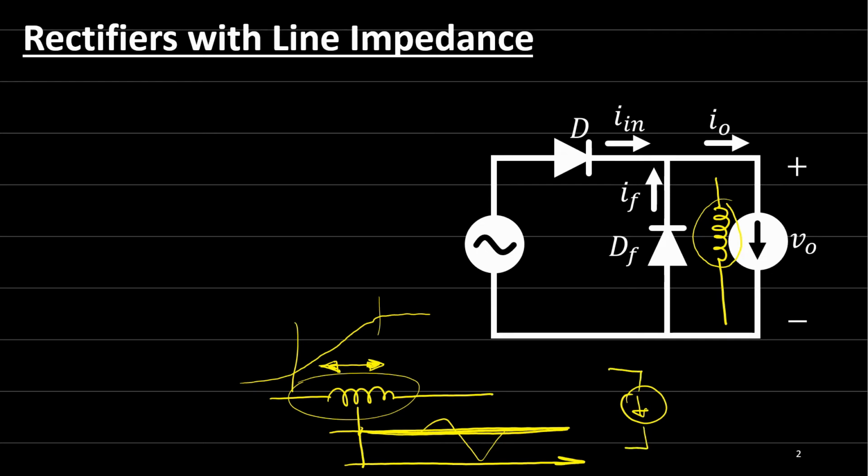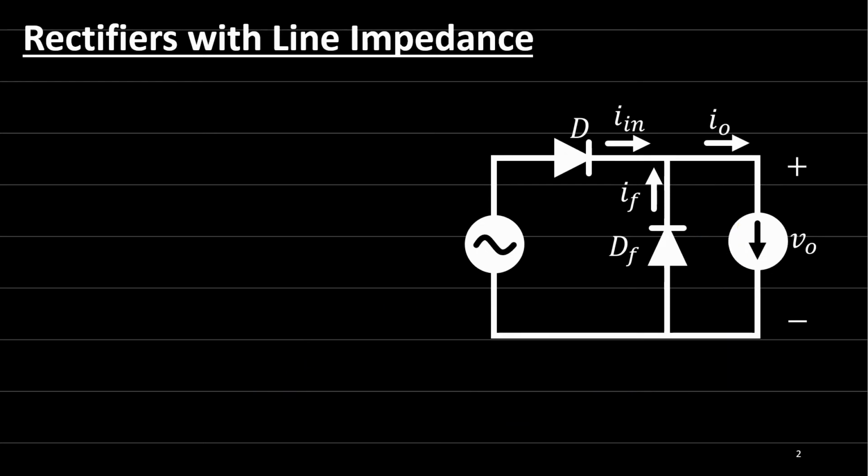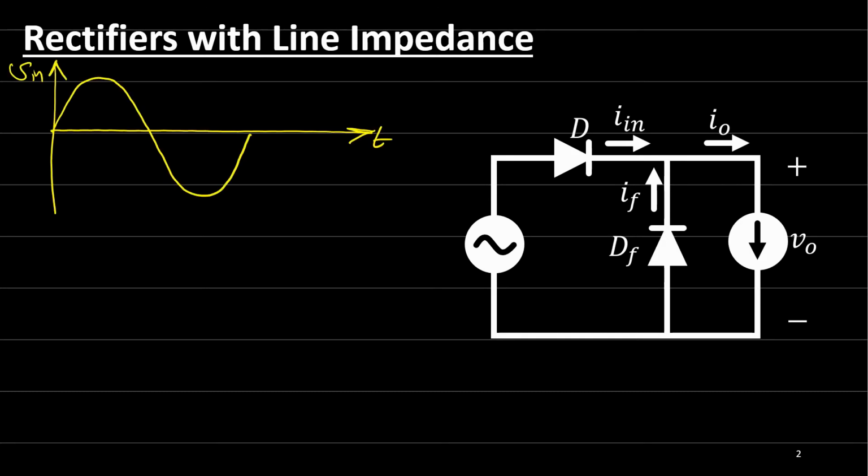So now let's consider the input voltage here, which is V input, and the output voltage in this case will be a half wave of this input voltage, only this portion, and the other portion will not be on the output.